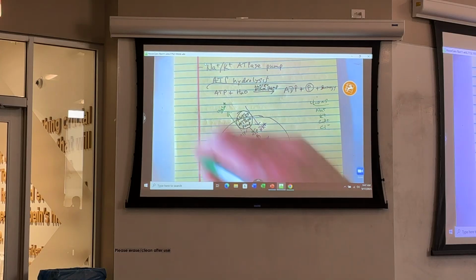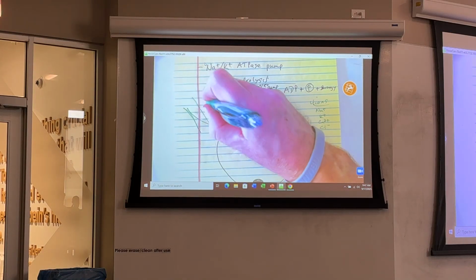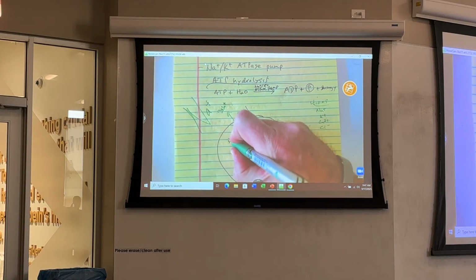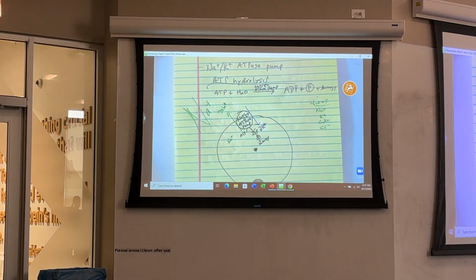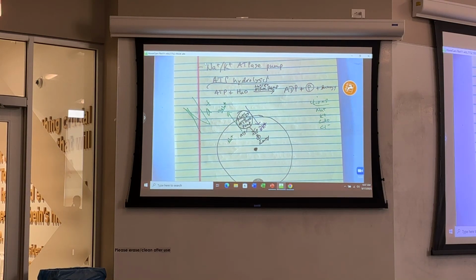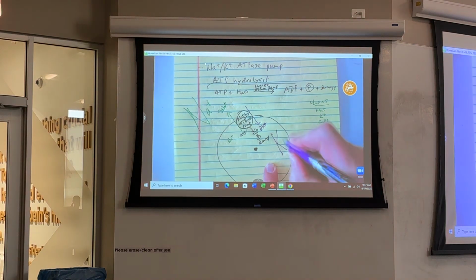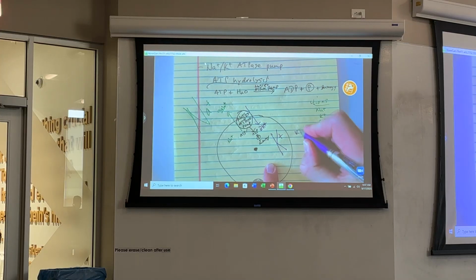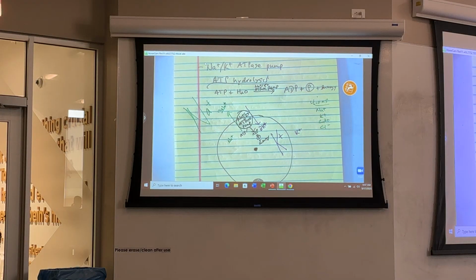We already mentioned sodium is higher outside the cell than inside the cell. Potassium is higher inside the cell than outside the cell. So again, we're moving both of them against their concentration gradient.